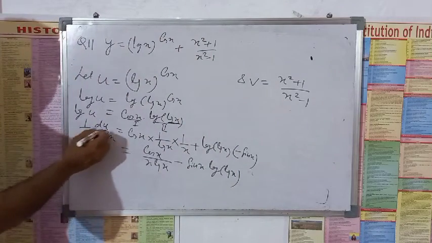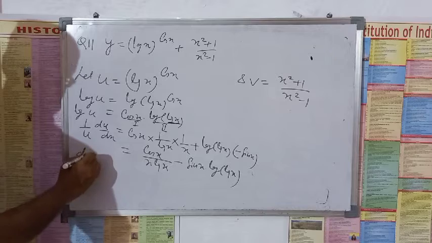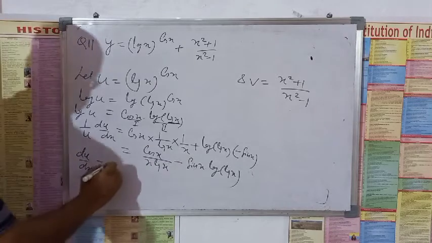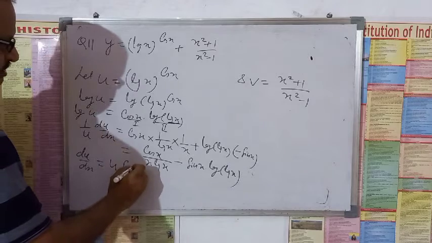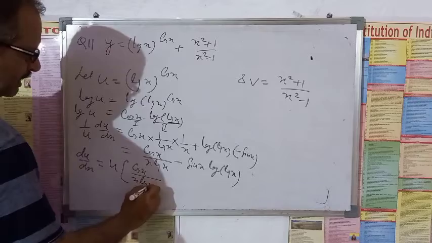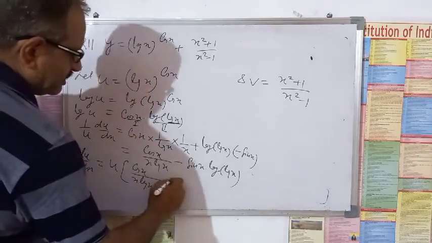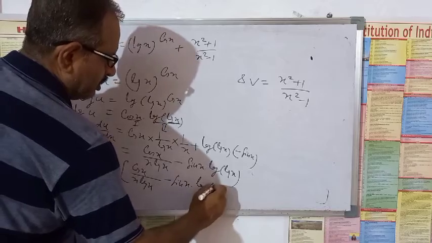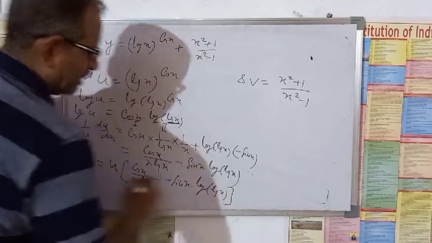So it is 1 by u du by dx. What will be du by dx? Cross multiply by u. So cos x upon x log x minus sin x into log of log x.